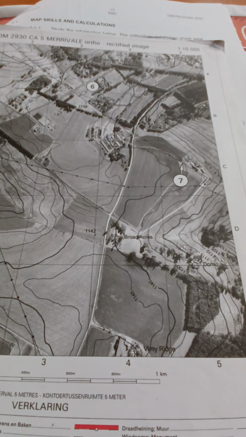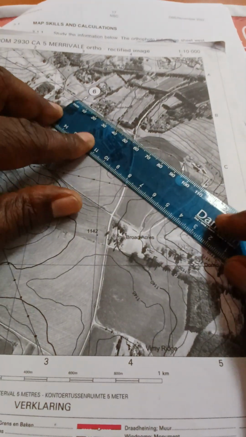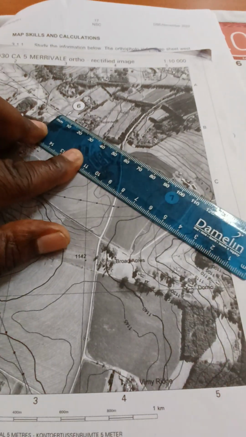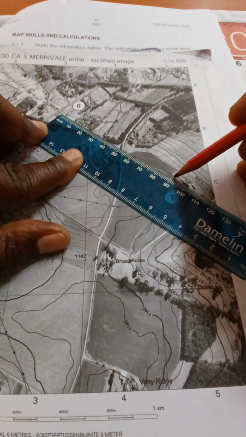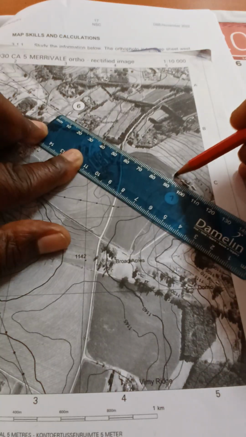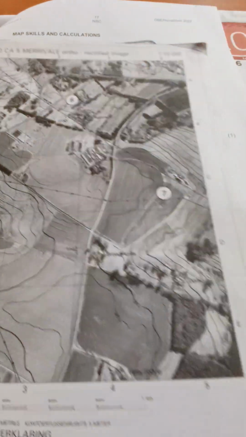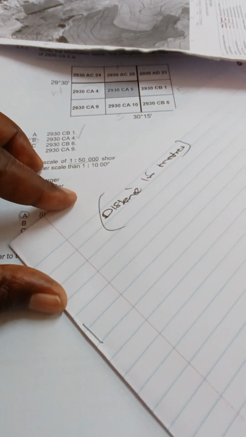Okay, so if we are to measure the distance between the two, from here, where it starts at 6, up to where we have got our 7, from here up until here, we have got 9 centimeters.